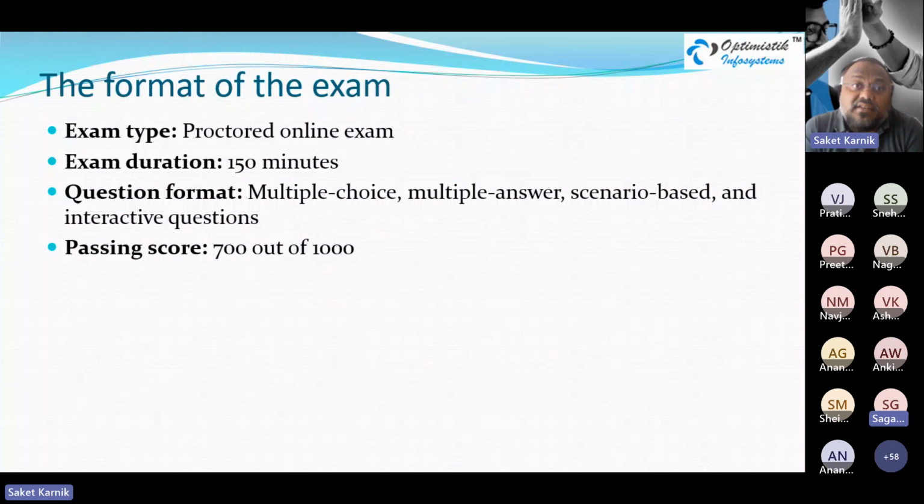The comfort is that you can do it from home or office itself, and you can save a lot of time in traveling from your place to the exam center. Plus, the availability of slots is high on online mode compared to the exam centers, because exam centers will have a limited number of seats.